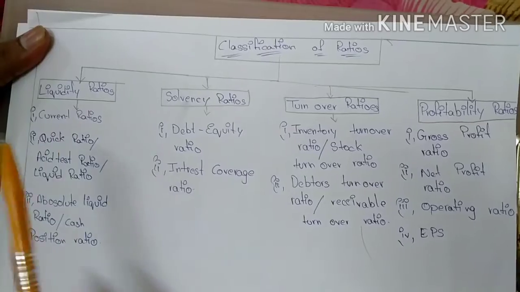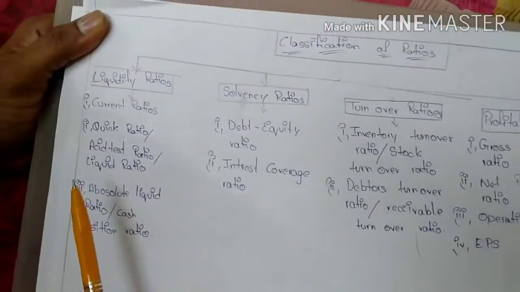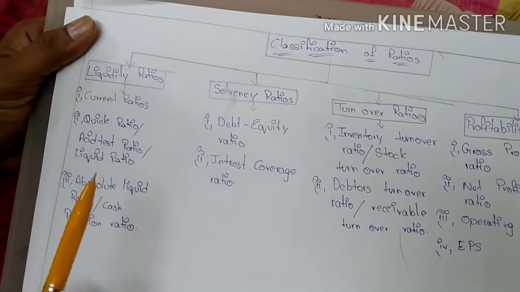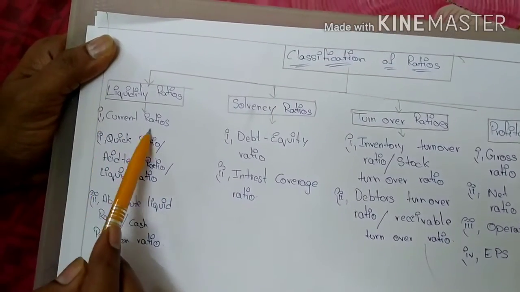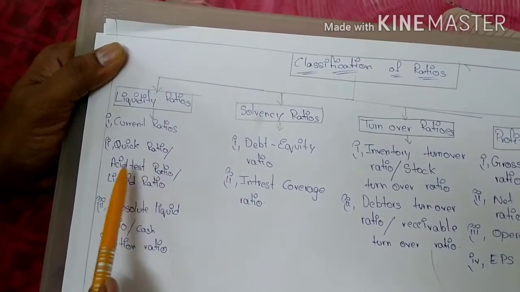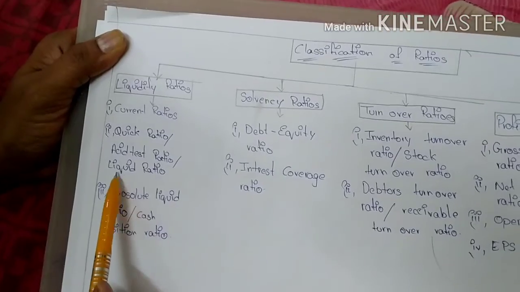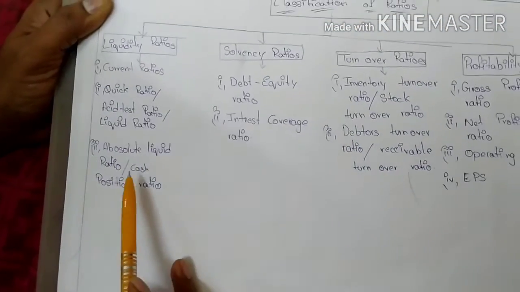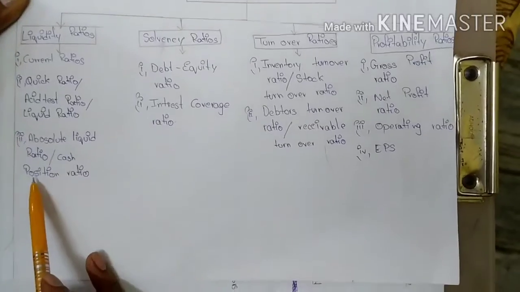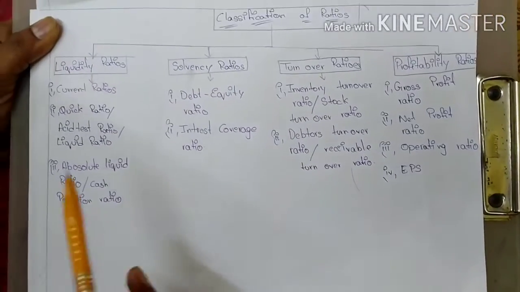Each broad classification can be further divided into subcategories. First, the current ratio, quick ratio or acid test ratio or liquid ratio. Third is the absolute liquid ratio, also called the cash position ratio.